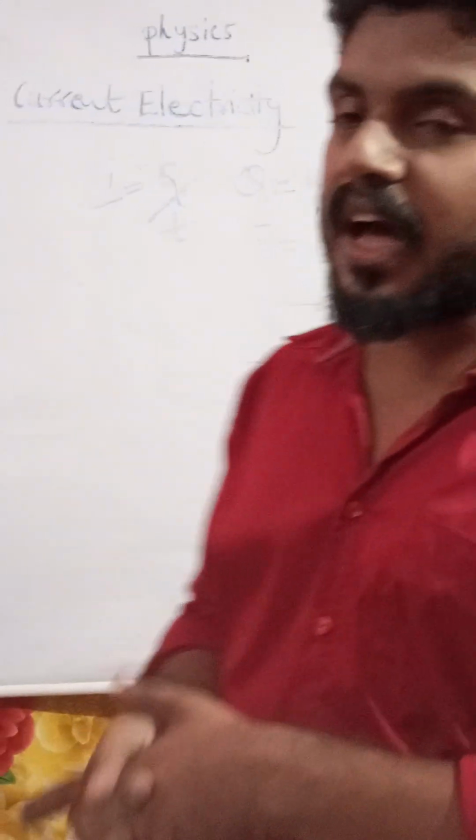Once again, the quantization of charge Q is equal to n into e, small n into small e. The small e is the charge of an electron, equal to 1.6 into 10 raised to minus 19 coulombs.